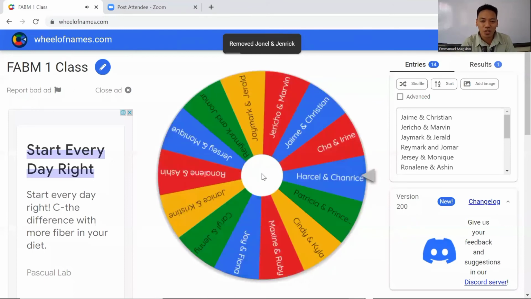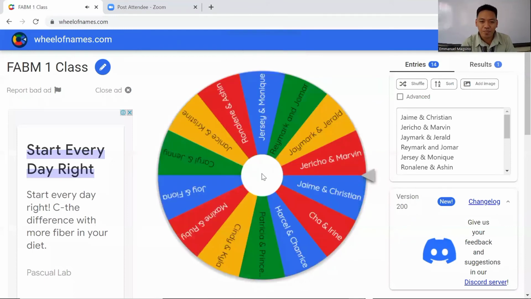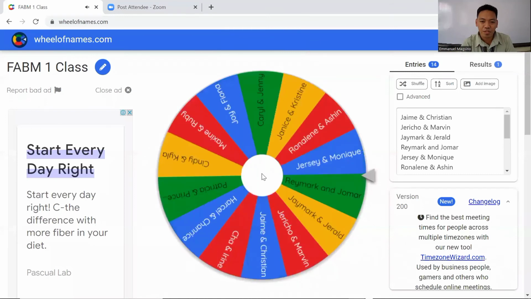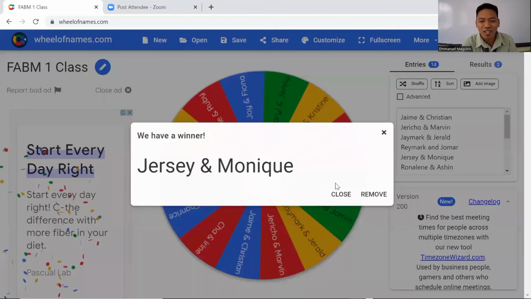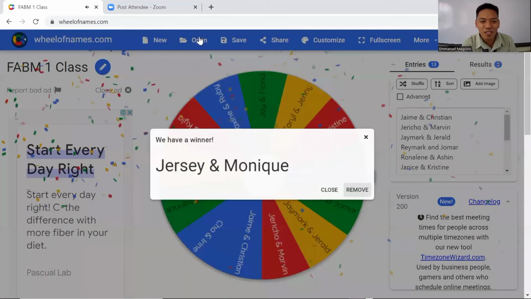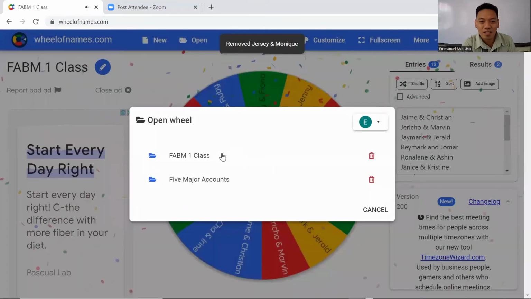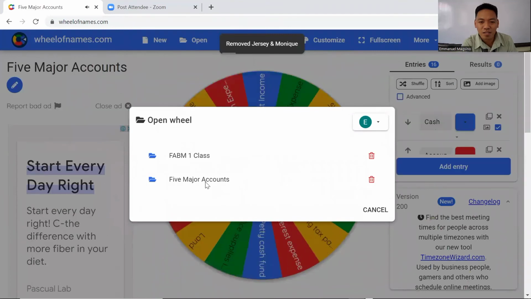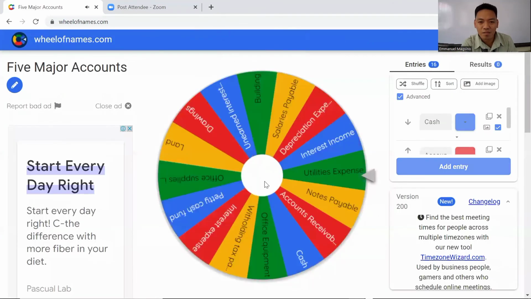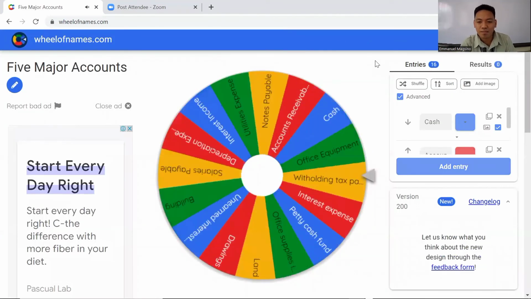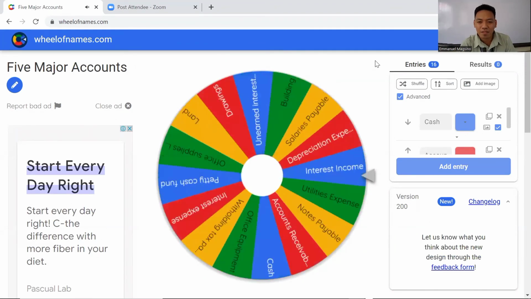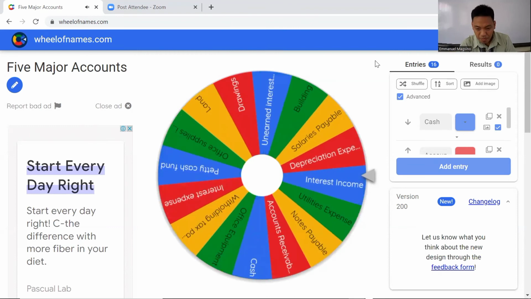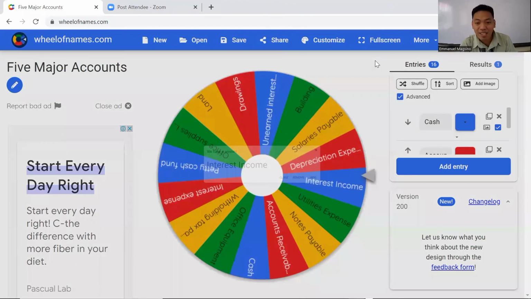Okay, let us call another partner for our next question. We have Jersey and Monique. Okay, your question: interest income.